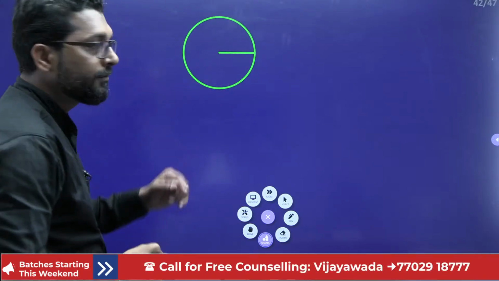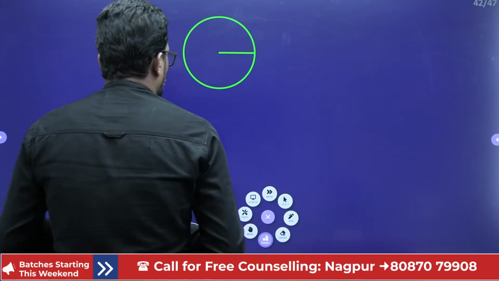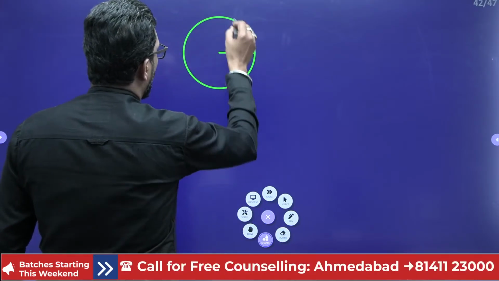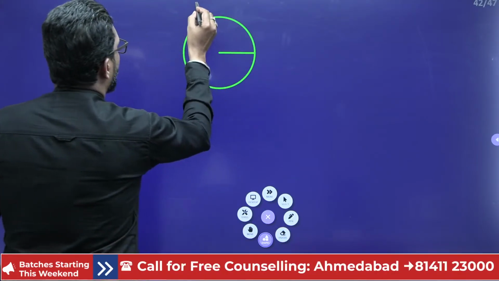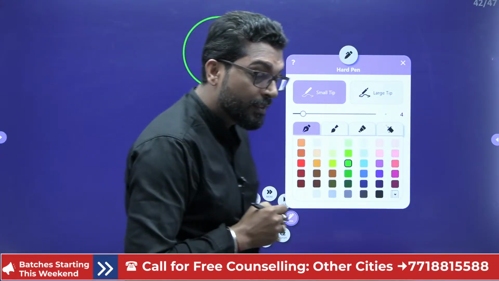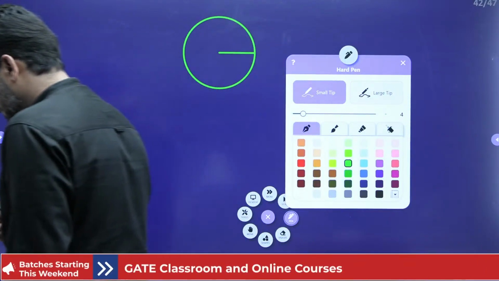This is your boiler. Okay, this is your boiler. Right. So, first is what process, beta? Adiabatic compression. First is adiabatic compression.